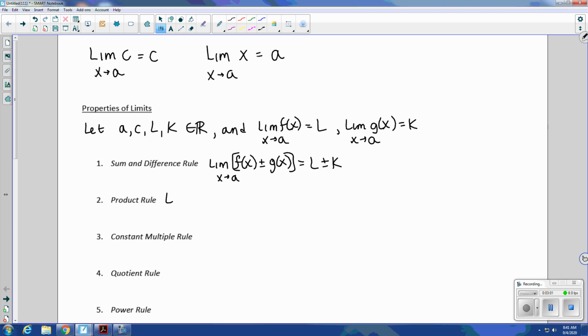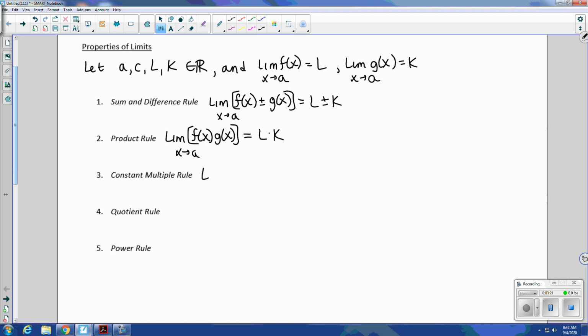The product rule tells us that if we take the limit of two functions being multiplied together, then the limit of the product is equal to the product of the limits. Constant multiple tells us if we have a function being multiplied by a constant, we can evaluate the limit of that function individually, which in this case we determined was L, and just multiply it by that constant that the function's being multiplied by.